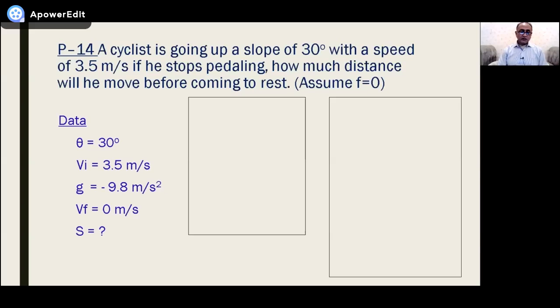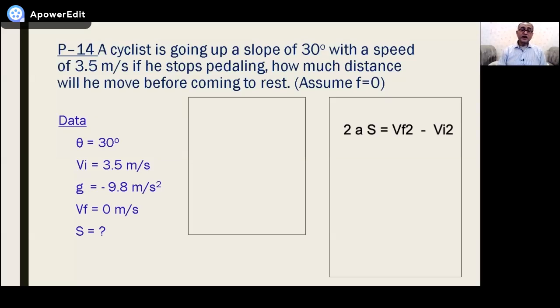Okay. Now to find distance, we have two formulas. One, S = vit + ½at². And the second one, 2aS = vf² − vi². Since there is no t, we can't use S = vit + ½at². So the only formula left is 2aS = vf² − vi².